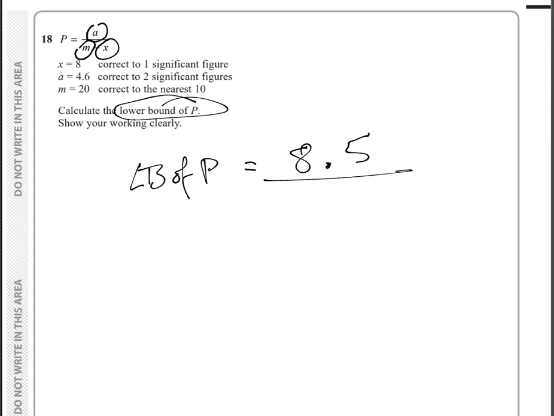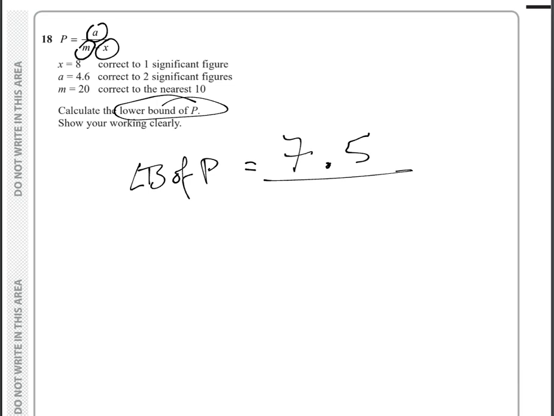Sorry, I've got that wrong. So, sorry, I want the lower bound, so I want the smallest on the top. 7.5.